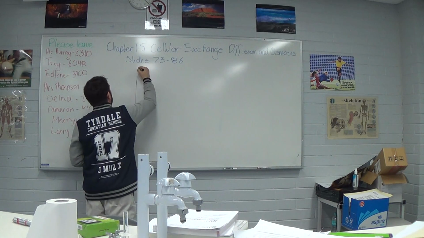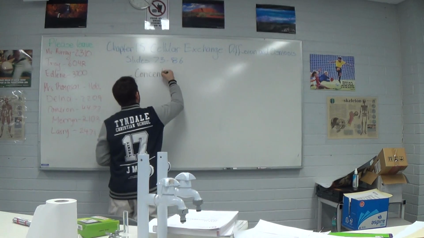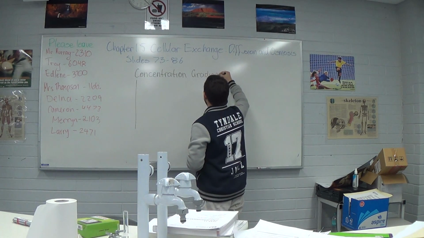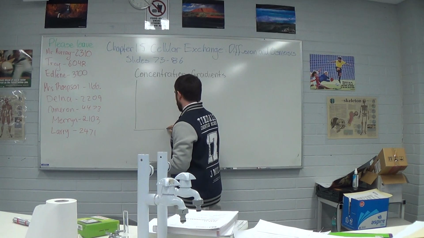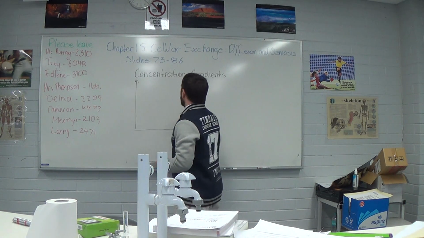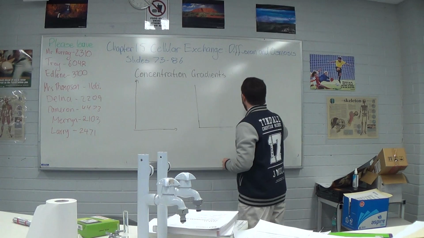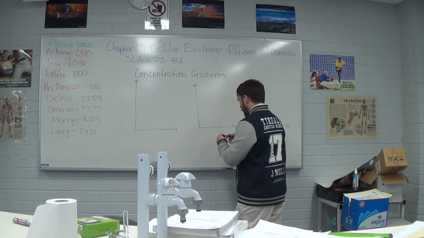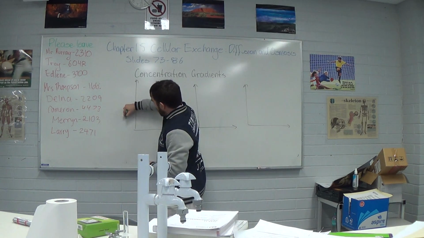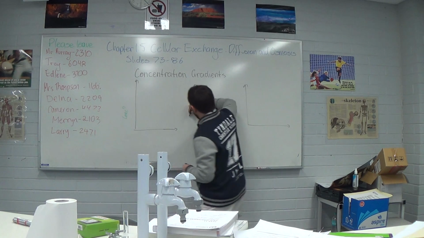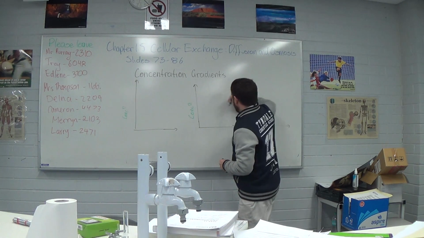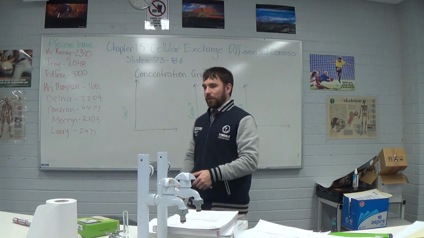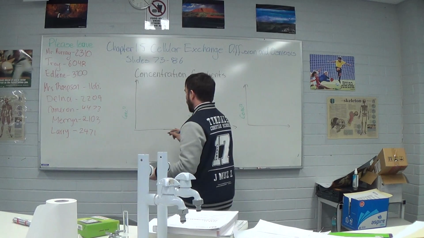If we have just some examples, this is just to show concentration gradient. We've got our graphs here, and let's have 3. So we've got our 3 graphs, and along here we have concentration on the y-axis, and on the x-axis, let's say we'll have the location of where it is.